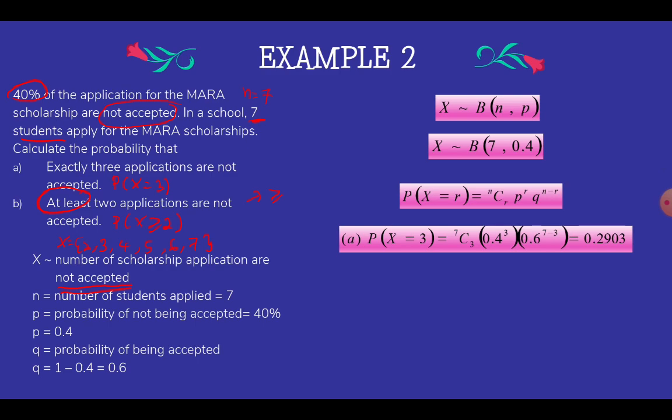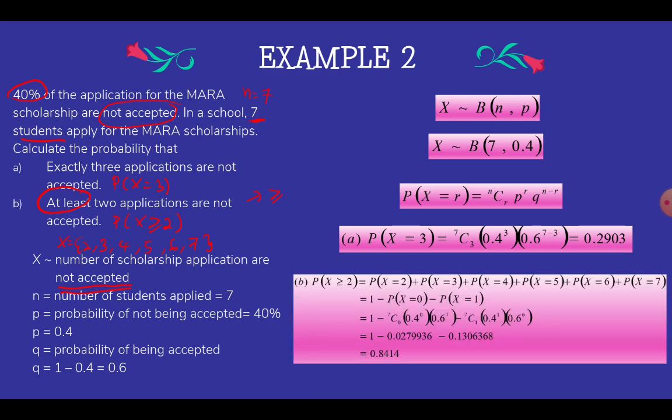What are the numbers that are not included in this range? Since the range is 2 to 7, the numbers not included are of course 0 and 1. So we use the complement: 1 minus P(X = 0) minus P(X = 1), because X equals 0 and X equals 1 are not included in the range X greater than or equal to 2.